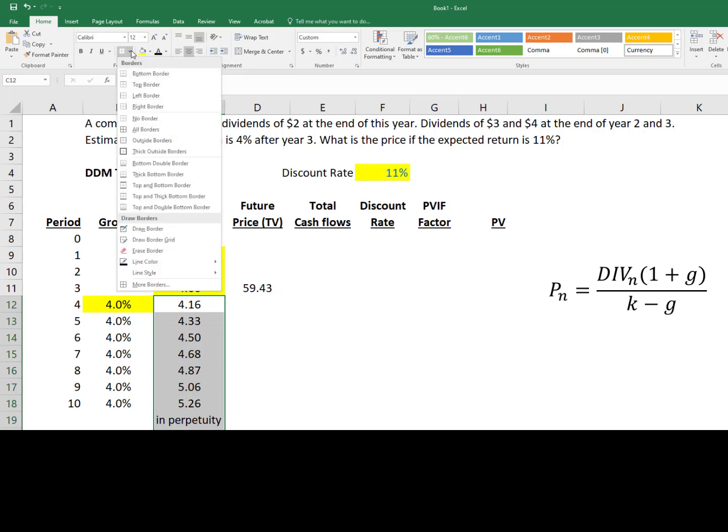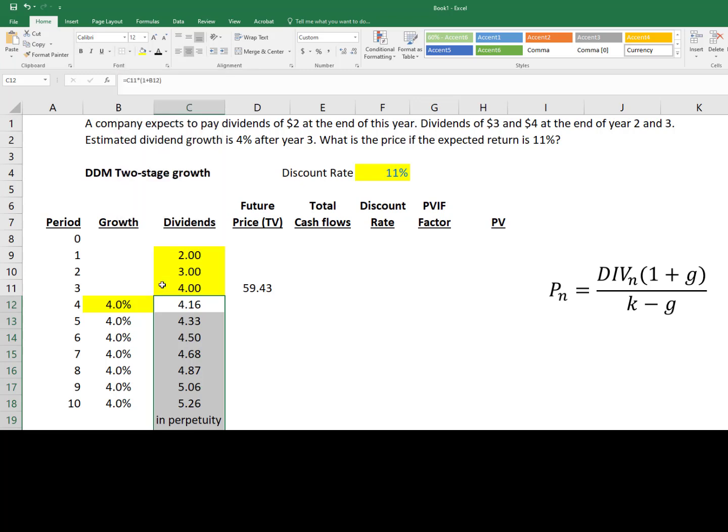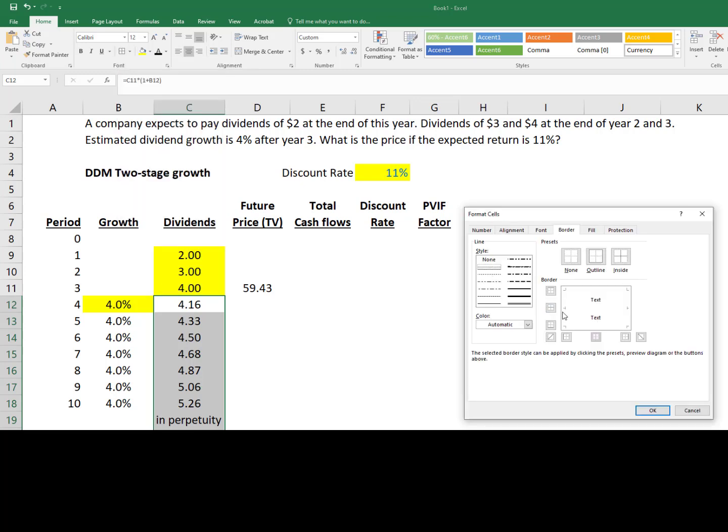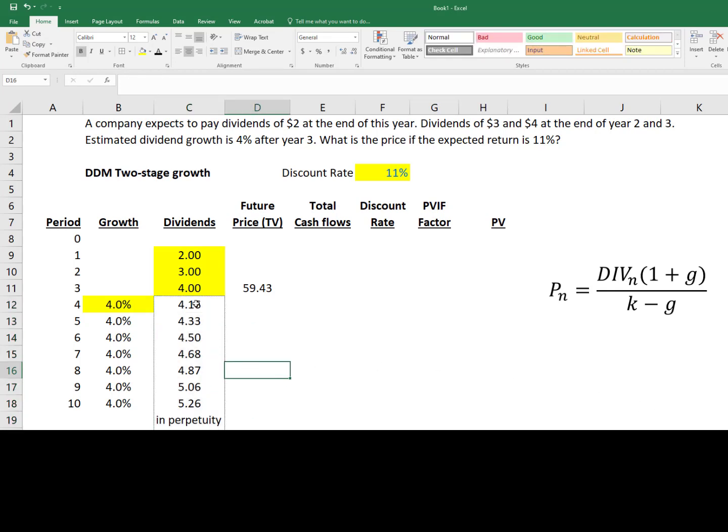So for visual sake, I'm going to put some borders around this so you can see what I mean. Now we have these 3 dividends, and we have the value of all the dividends for year 4 onwards in terms of the price at the end of year 3 using this formula.